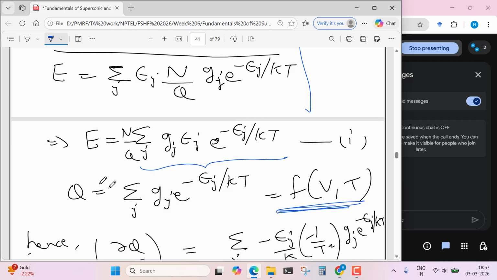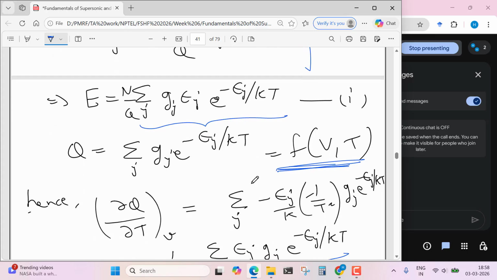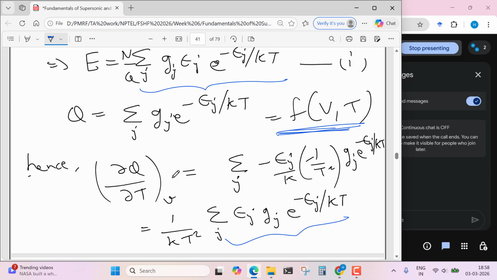Now let's see this partition function q. So this q equal to sigma j gj e to the power minus epsilon j upon kT, and you can see that this is a function of volume and temperature. So let's say we are taking its differentiation with respect to temperature at constant volume.